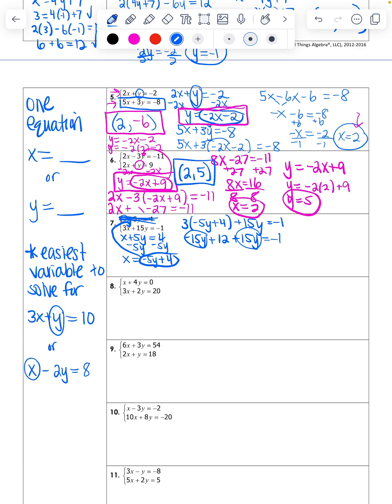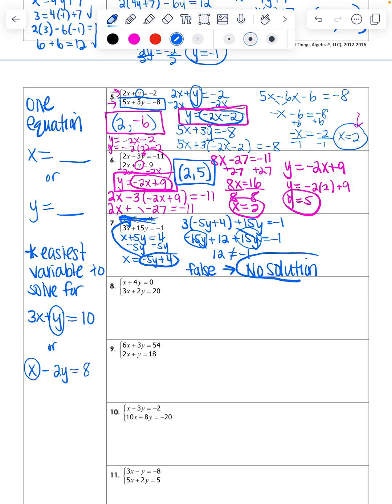Negative 15y plus 15y is nothing. So they all go away, and we're left with a 12 on the left-hand side of the equal sign, and we're left with a negative 1 on the right-hand side. Because that's not true, we have a number 12 that's not equal to another number, negative 1. Because this is false, algebraically, we just solved this system and we realized that there's actually no solution.